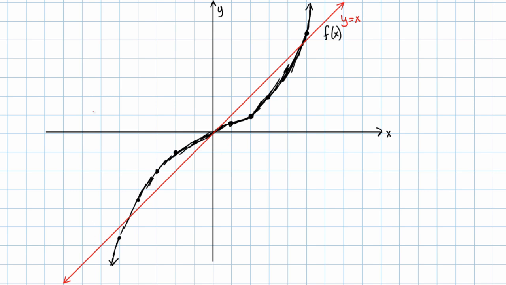Now if I want just a quick and dirty graph of the inverse, and I'm not really concerned about being super exact, I'll go ahead and choose a different color because it'll get kind of confusing if I don't. And it's going to be the mirror image about this red line. So in other words, over here, it's going to do something like this. It's going to do this.